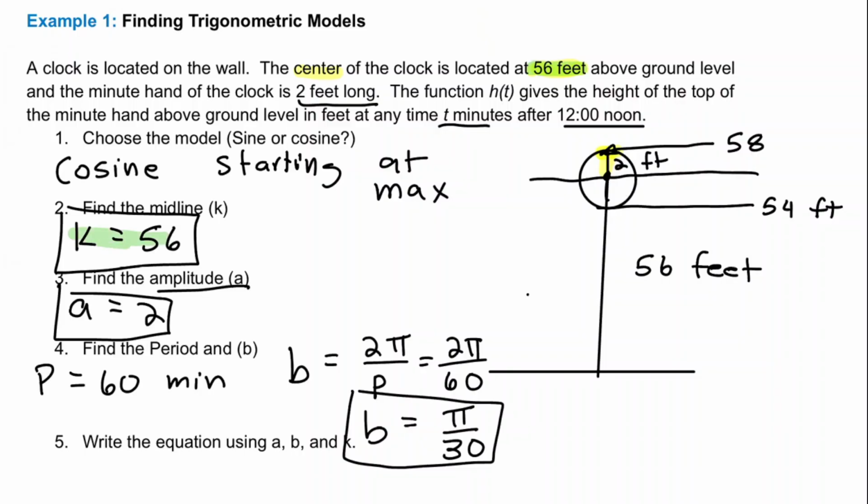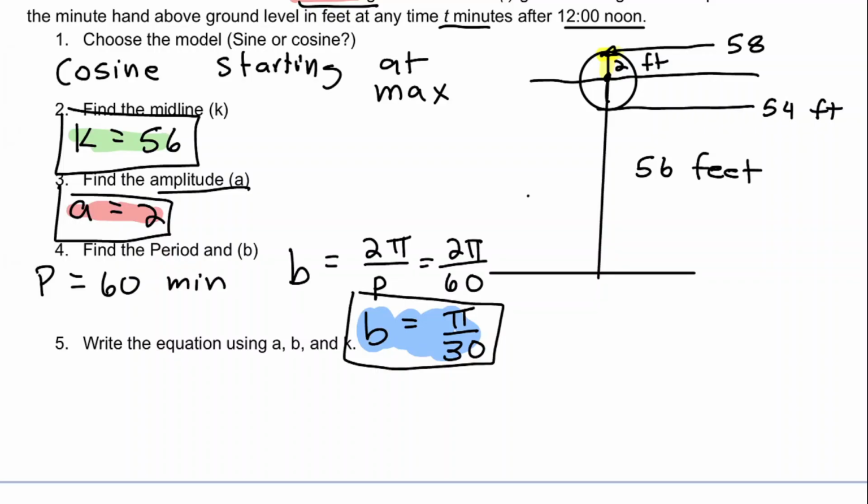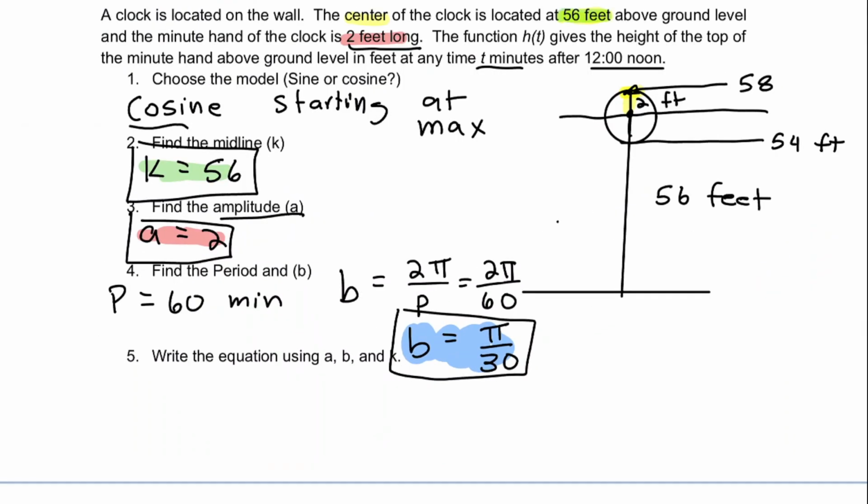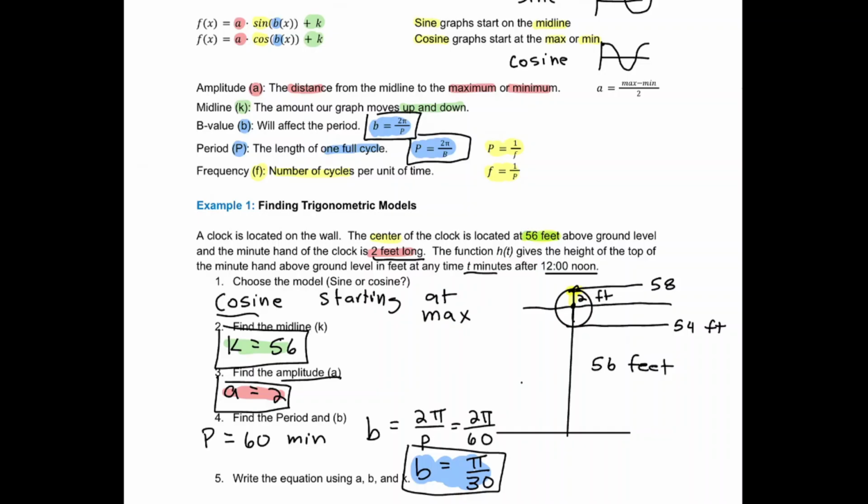Again, the 56 would be my middle. That's how much it's going up. My amplitude is the 2. That's the minute hand. And because of my period of this being an hour, I found out my B is pi over 30. So again, because this is a cosine function, I want to use this one.